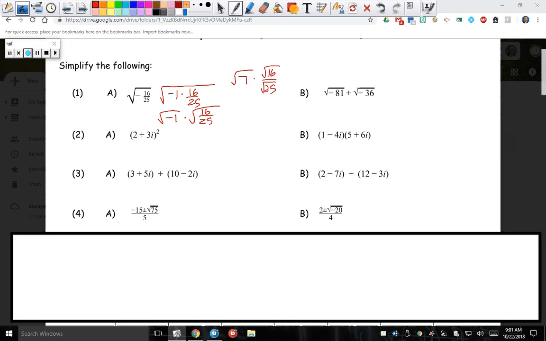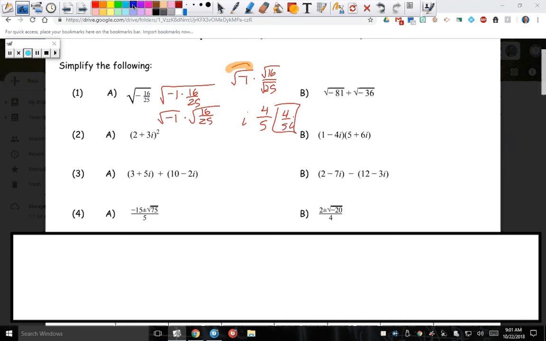We know the square root of 16 is 4 and the square root of 25 is 5, and then what we learned this unit is that the complex square root of negative 1 will come out as an i, and therefore you're left with 4/5 i as an answer.